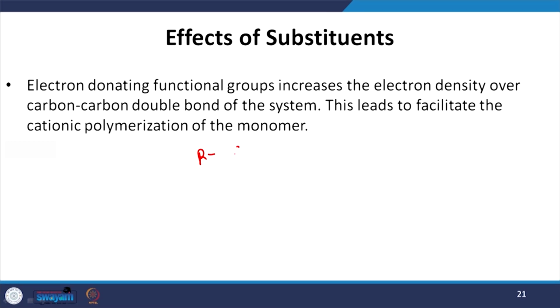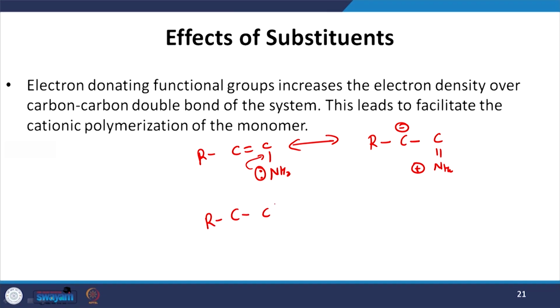The first example is this one. Here we have a lone pair of electrons which is transferred over here. Now, this may become like this. Similarly, the second example is this, where the lone pair is transferred to here, giving a cationic monomer.